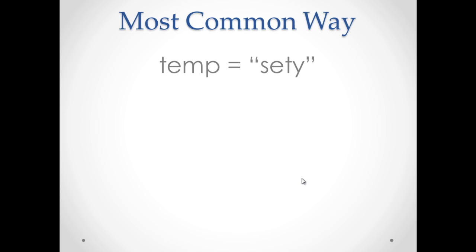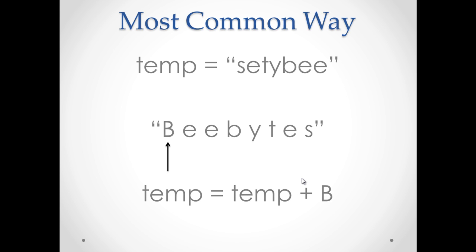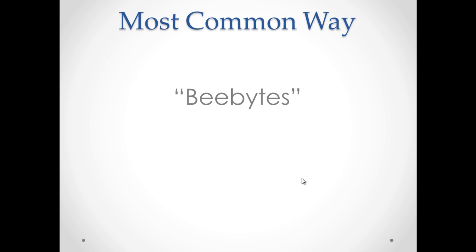Now the temporary variable contains the string "sety", and we will repeat the same process for all the characters. Once the process is completed, if we print the temporary variable, we should expect the output, which is the reverse of a given string. This is the most common way of reversing a string, and everyone follows this approach.